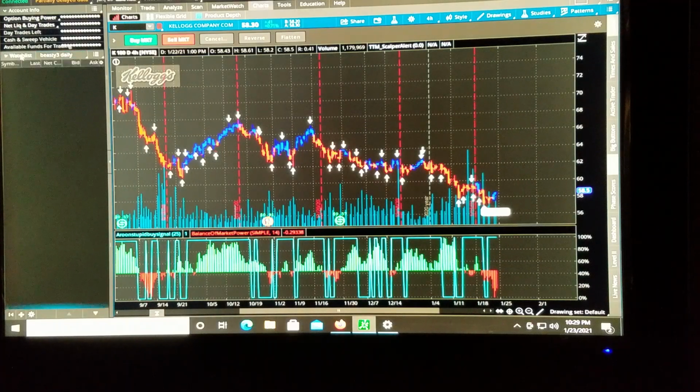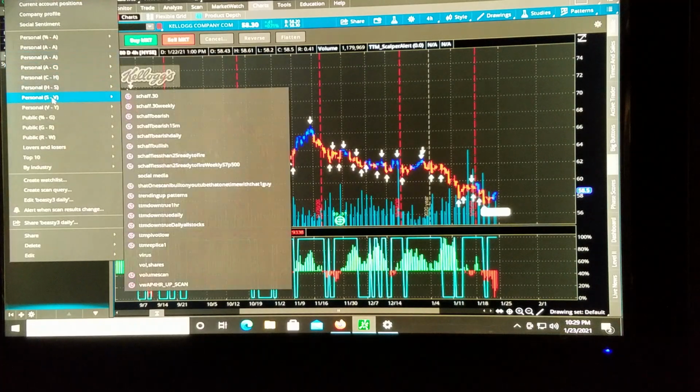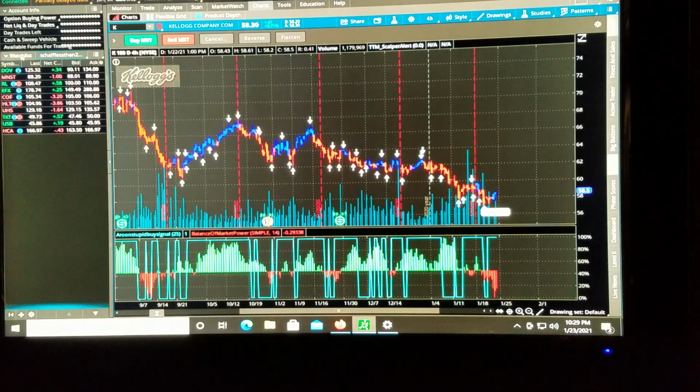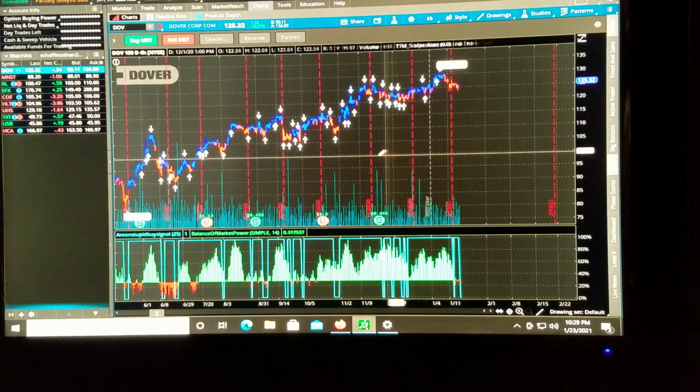See if we get any of these three particular stocks or scans. See if anything comes up. Some of these seem like they're ready to fire off.